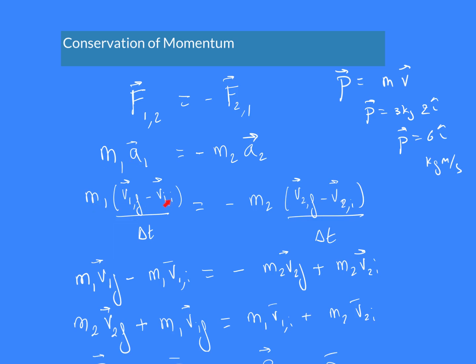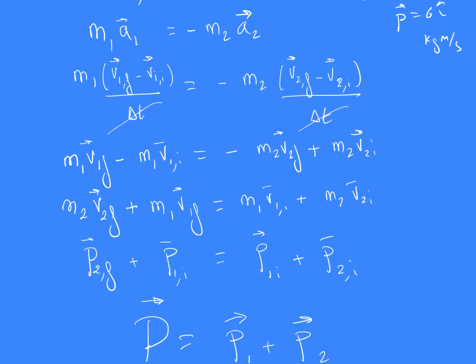A1 is the change in the velocity, V1 final minus V1 initial, divided by delta t, equal to minus M2 times A2. What is A2? V2 final minus V2 initial divided by delta t. So delta t will disappear, and now the equation will remain like this. If you reorder the equation a little bit, you will find that M1 V1 final plus M2 V2 final equals M1 V1 initial plus M2 V2 initial.